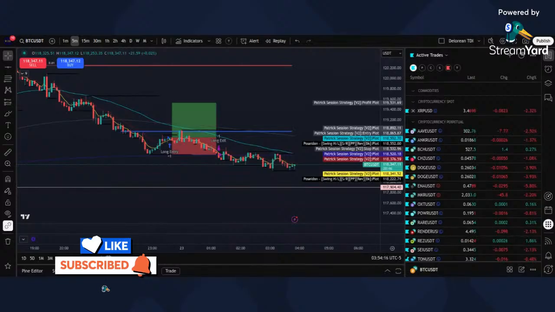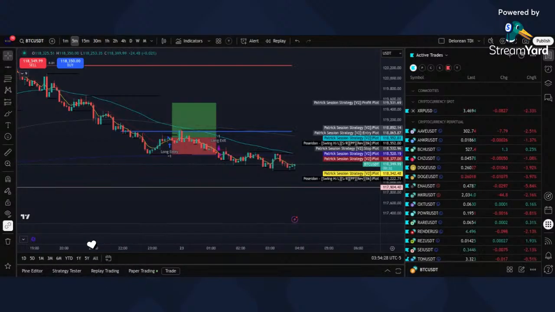At the moment, we're just waiting. There's a pretty massive consolidation across the entire market. There's no movement on futures, no movement on Forex, no movement on commodities, cryptocurrency, nothing.